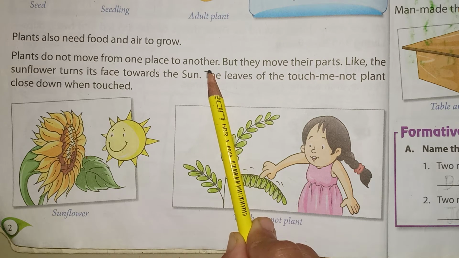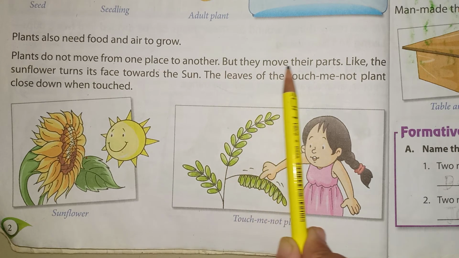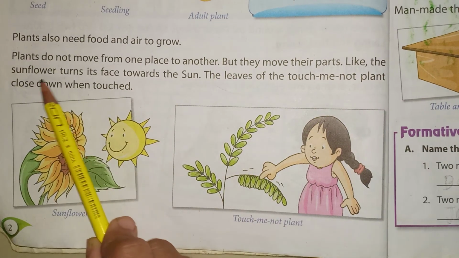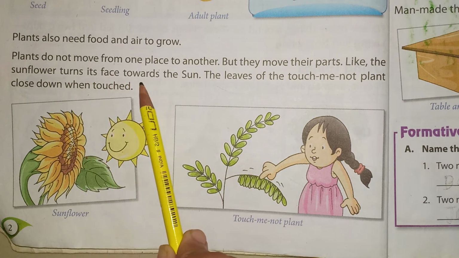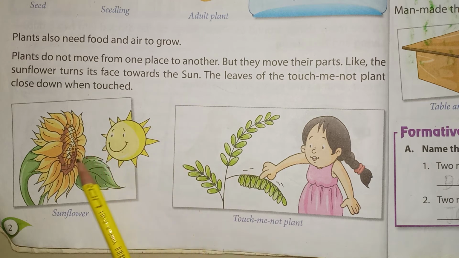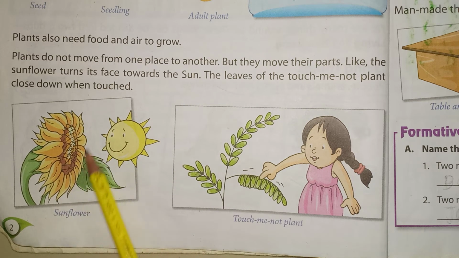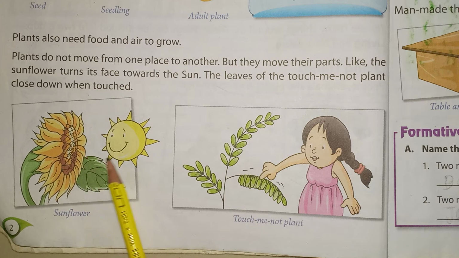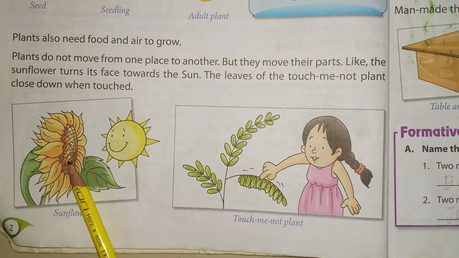Then how does it show movement? Let's see. They move their parts, like the sunflower turns its face towards the sun. See, the name given to this flower is sunflower because wherever the sun is, it faces towards the sun. So it is showing movement, right?